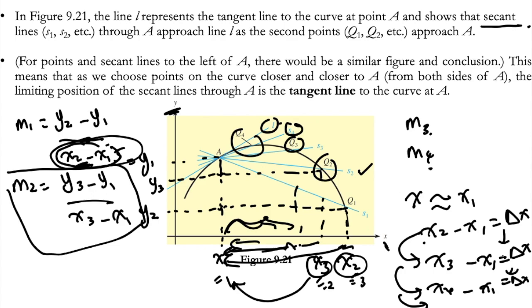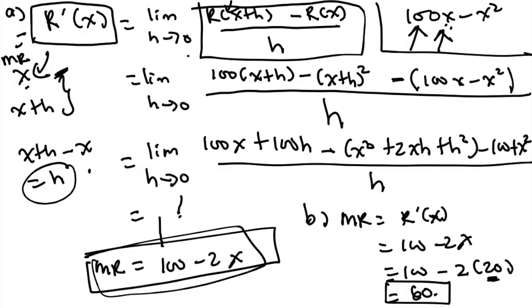When the change in x becomes smaller and smaller, then we are basically talking about taking limit. That has something to do with the limit that we have learned earlier, this one. Okay, r prime x and whatnot. So that one I'll show you more later.